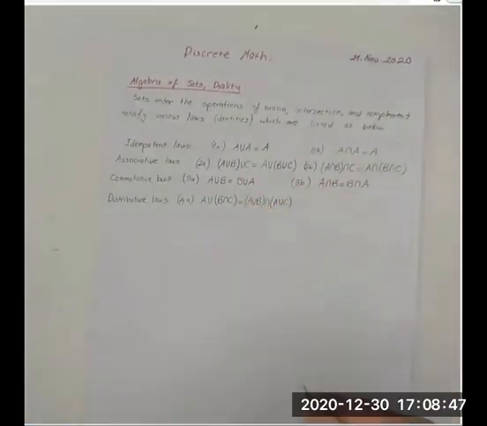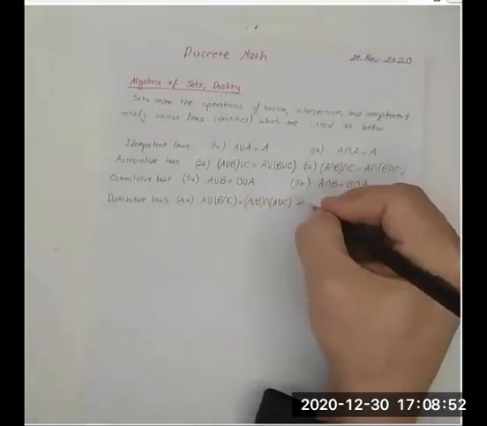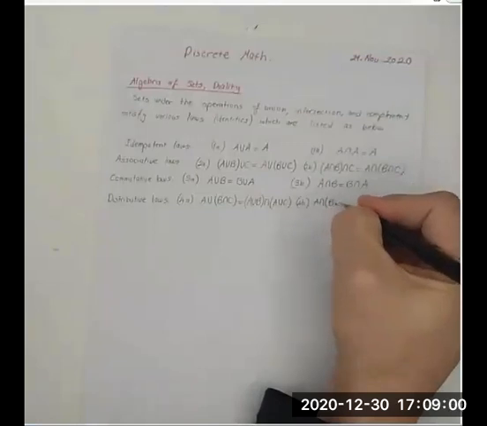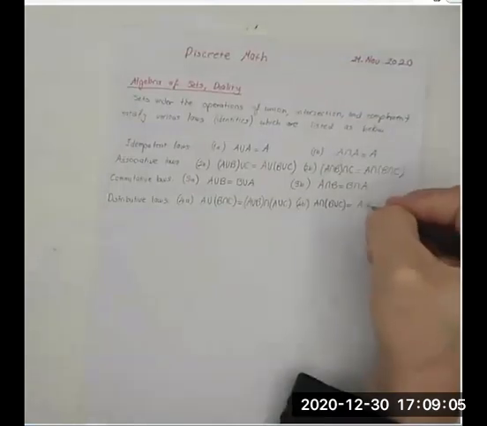And let's look at the reverse, 4B: A intersect in parentheses B union C. Of course, we can say it is A intersect B, the intersection of the two sets, union A intersection with the C set.